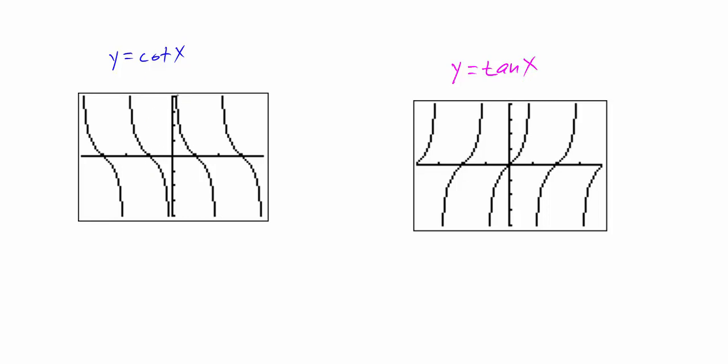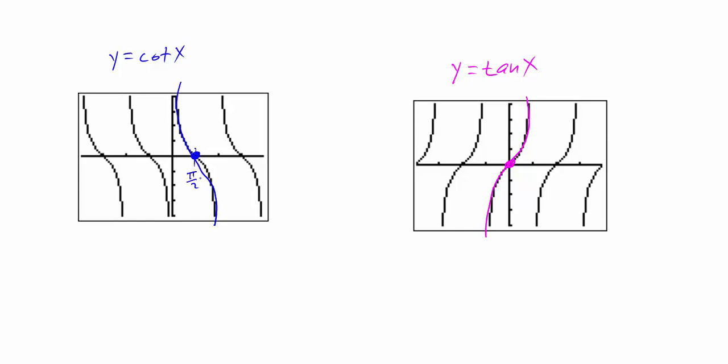And what I want you to notice is, particularly for the cotangent, I'll just focus on this one period so it's a little less to look at. So here's our one period here. Notice that where this point crosses the x-axis, whereas over here for the tangent, if we're looking at this period, it crosses the x-axis at the origin, whereas this one is crossing the x-axis here, which would be at pi over 2.